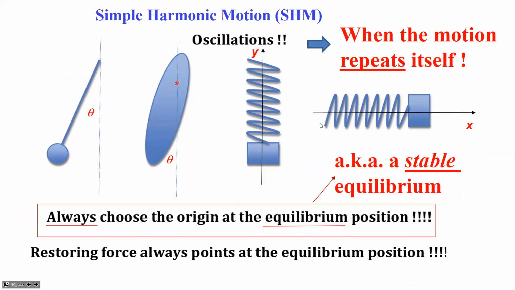These are the systems which all exhibit a similar behavior. All those systems have in common a stable equilibrium state, the location where, when the system is at that location and left at rest, it will remain forever at rest at that location.